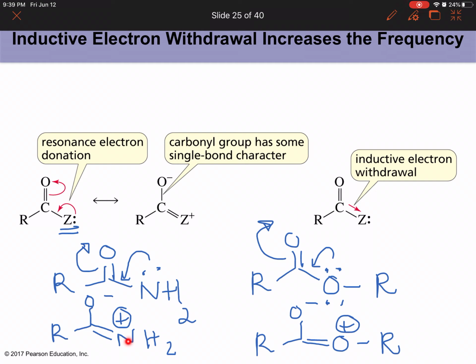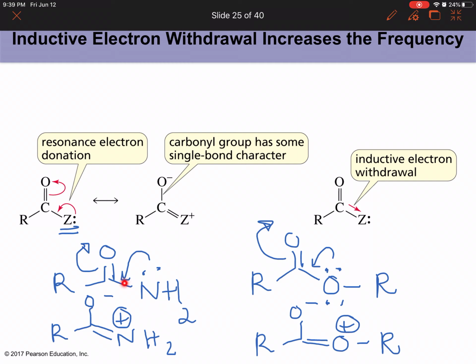So it should be a balance between whether inductive electron withdrawal dominates or resonance dominates. But in the case of the oxygen here, it's going to act as an inductive electron withdrawer. This is because oxygen is more electronegative compared to nitrogen, whereas nitrogen is going to donate electrons.